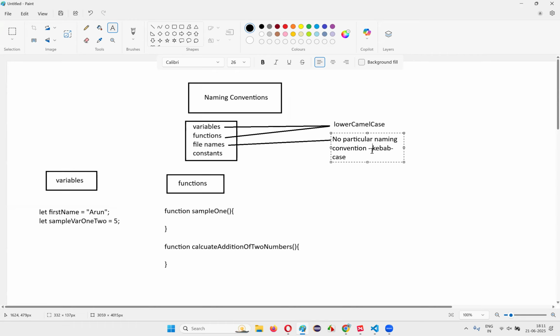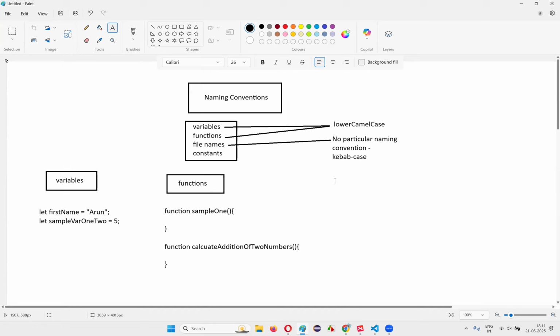Though there is no particular naming convention, most of the people use this kebab case kind of naming convention. Whenever you see someone creating JavaScript files, most of the people will be using kebab case. Even though there is no particular naming convention, that is popular throughout the industry standard for naming JavaScript file names in the JavaScript language.